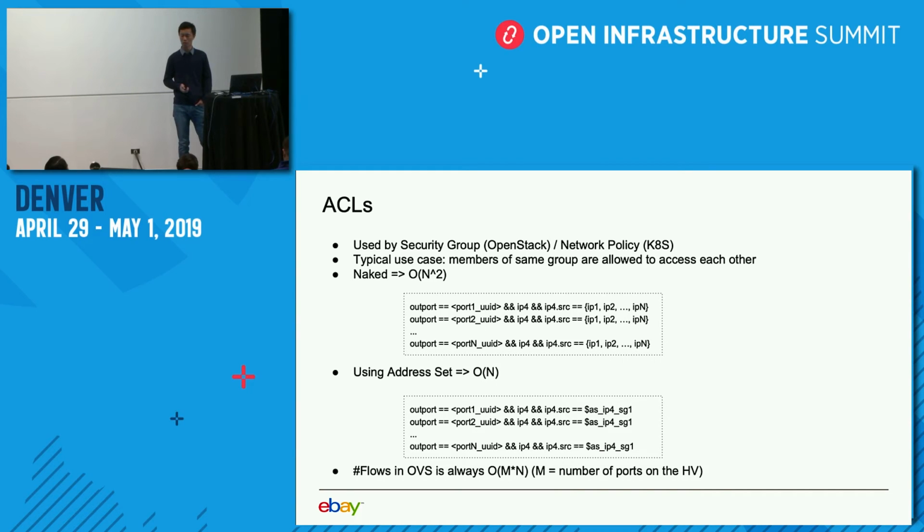ACLs in OVN are the way to support a lot of features such as OpenStack security groups and Kubernetes network policy, which is something like a stateful firewall, right? The typical use case is that all the members of the same group can talk to each other.